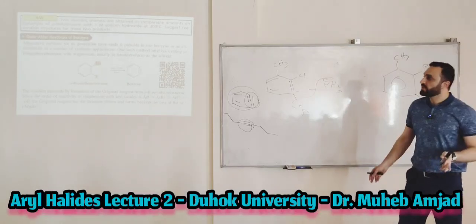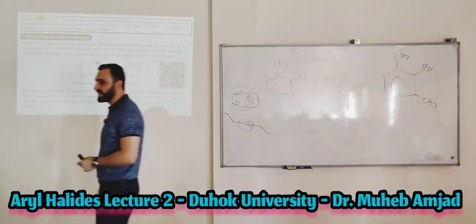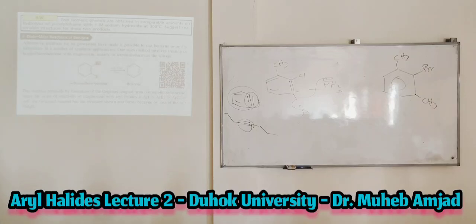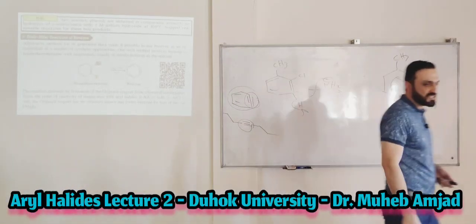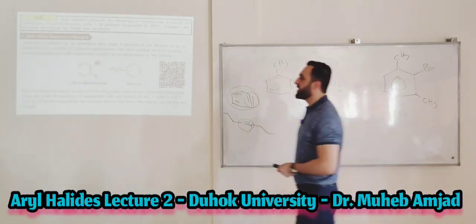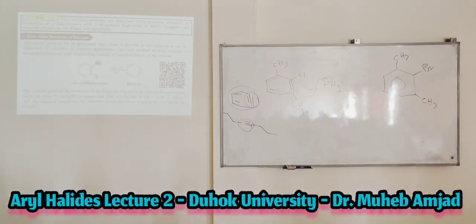Okay. So now the final reaction that uses benzyne as an intermediate is the Diels-Alder reaction. What is meant by the Diels-Alder reaction, and how does the reaction happen? Now, the Diels-Alder reaction of benzyne.